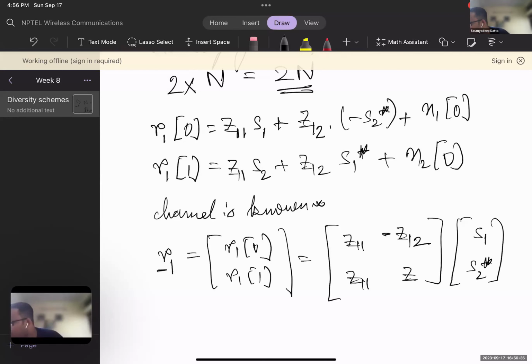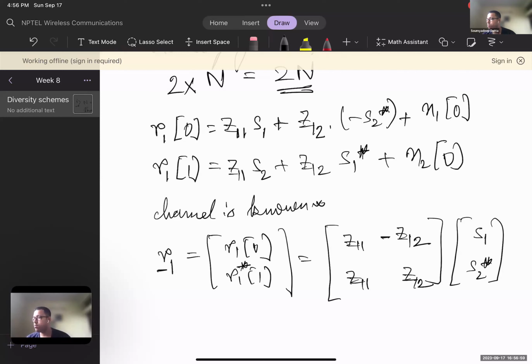You can just check this. What is R10? R10 is Z11 times S1 plus Z12 times minus S2 star. I'm keeping the minus sign in the matrix.